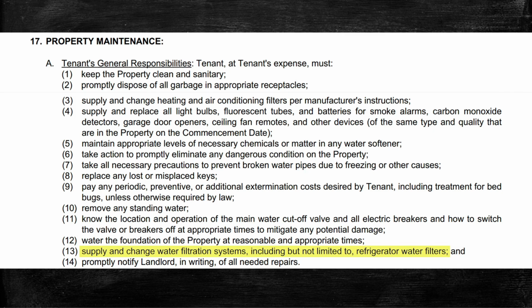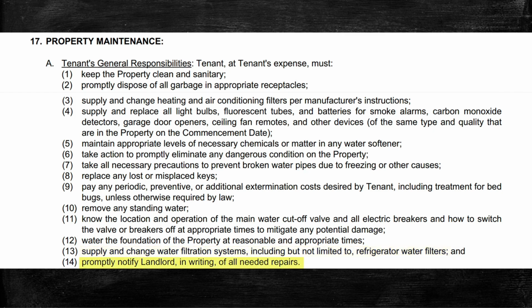And many times, if the refrigerator has an ice maker or a built-in water dispenser, then there's going to be a water filter associated with the refrigerator, either built into the refrigerator itself or attached to the water line leading to the refrigerator. The tenants are required to replace those water filters as necessary.